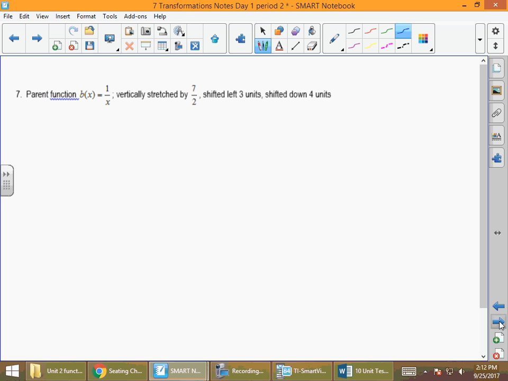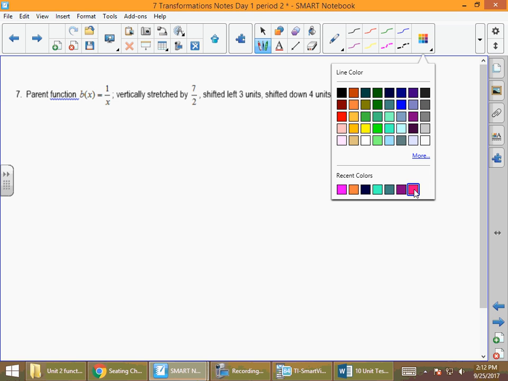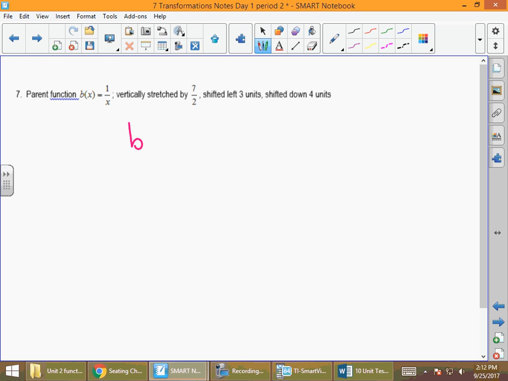And as we take a look at this one, b of x equals, well, it's 7/2. So I'm going to do 7/2. It's outside of the function. That's a vertical stretch. It's outside the function. And then our function is 1 over x.